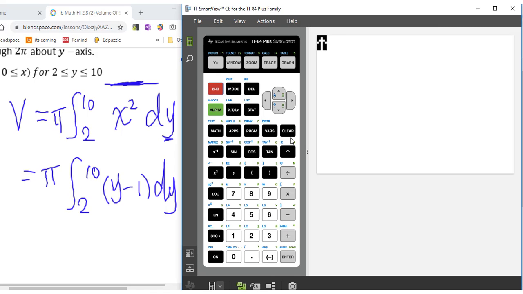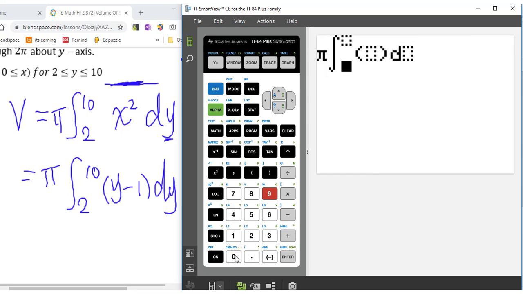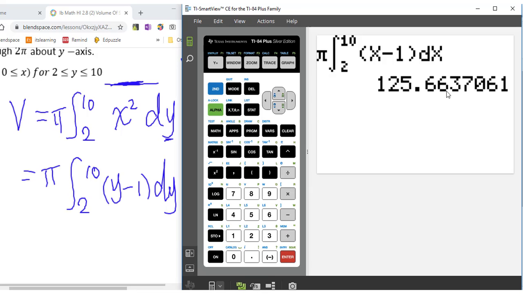I will do second power, that's pi, times, go to math, 9, from 2 to 10. Then you put x minus 1. Then dx. Then enter. This will be the volume by rotating across the y-axis.